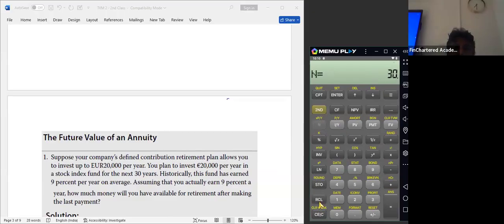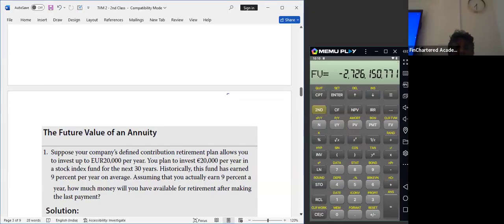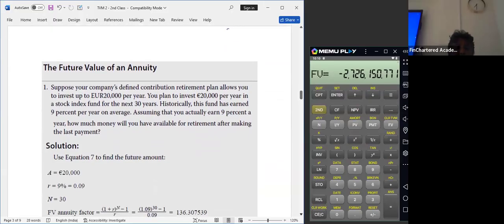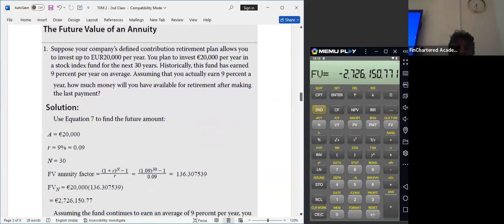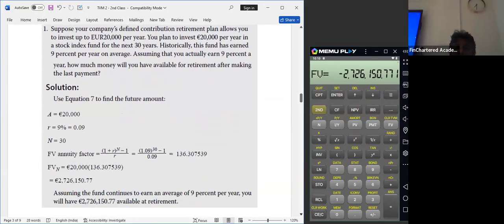Recall N is 30, recall I/Y is 9, recall PV has to be 0, recall PMT has to be 20,000. And then compute FV. Please check out, guys, if you're getting this as an answer. 2,726,150 is your answer.